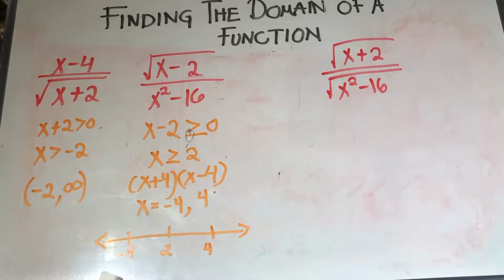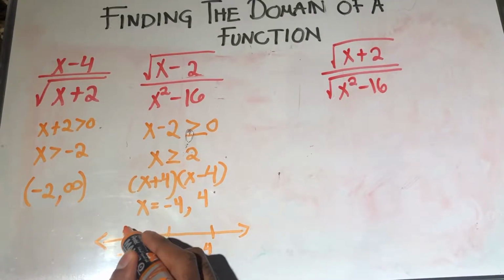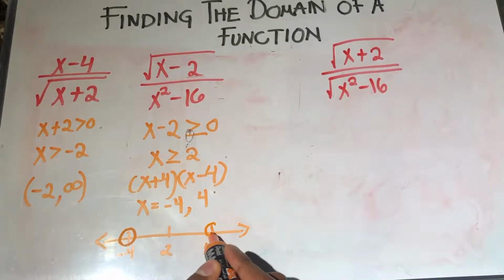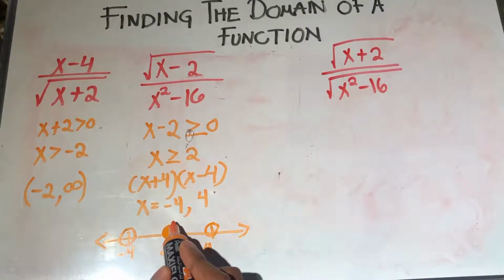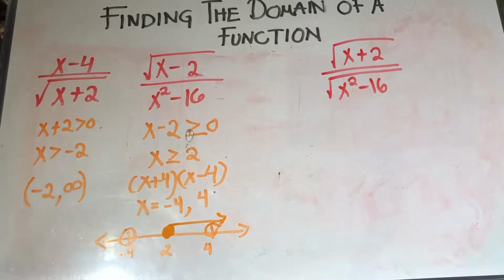So it's all numbers greater than 2, but not including 4 and negative 4. So this is unshaded here and unshaded here. We're going to put a shaded circle here. And that's going to go to infinity. But since this region is included, we have to include it in our interval notation.